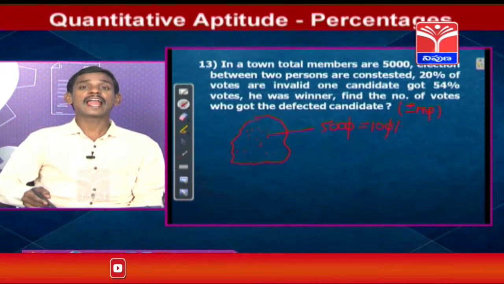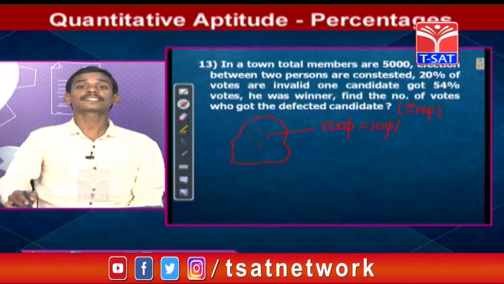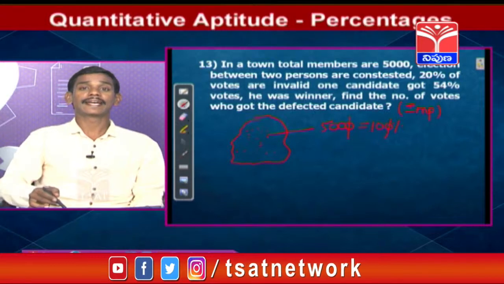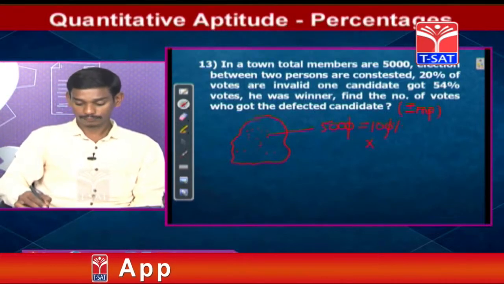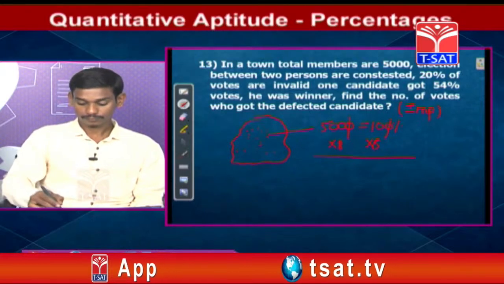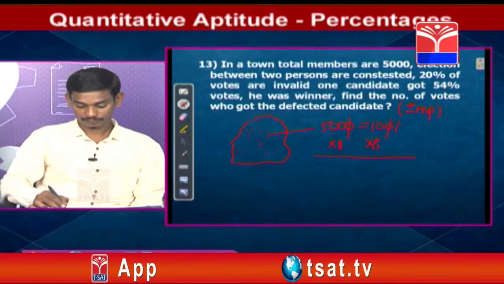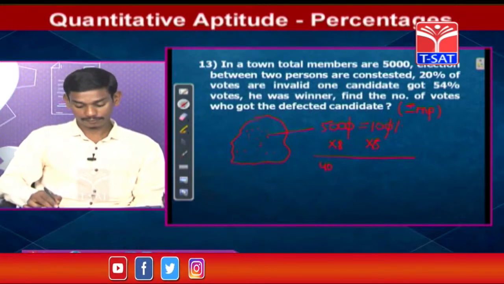Okay, we want to find valid votes. Valid votes how much percentage? See here, 20% is invalid means 80% are valid. Just multiply by 8. 8 5 ja 40 and 2 zeros is there.